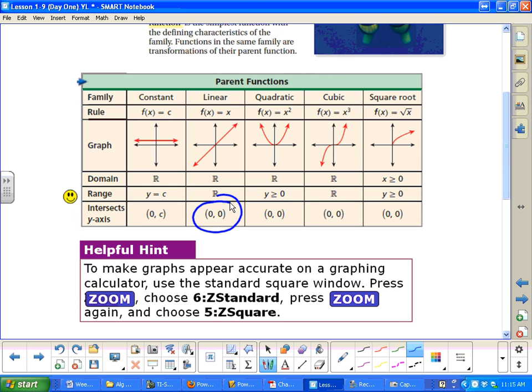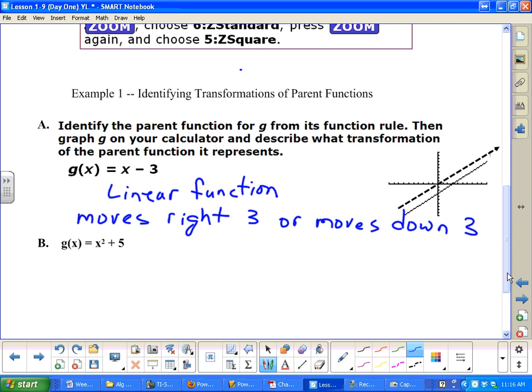And that point refers to what? Where it intersects the y-axis. And where it intersects the y-axis went from the point 0, 0 to the point 0, negative 3.